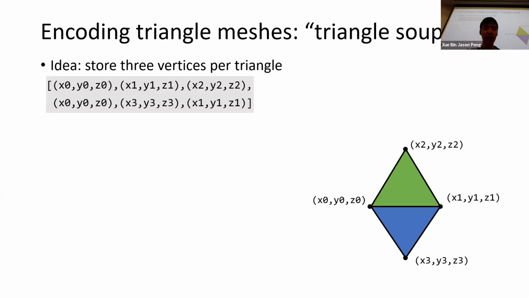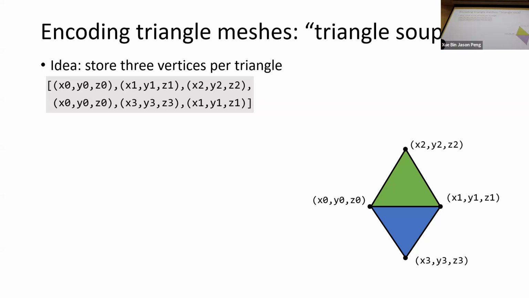So in this case, the first triangle we have is the green triangle on top, and this is represented by vertex 0, vertex 1, and vertex 2. So we can then store the three vertices that form the green triangle as an entry in our list of triangles. Then we have a second blue triangle on the bottom that's formed by vertex 0, vertex 3, and vertex 1. And so we can just store a second triplet of vertices that form the second triangle.